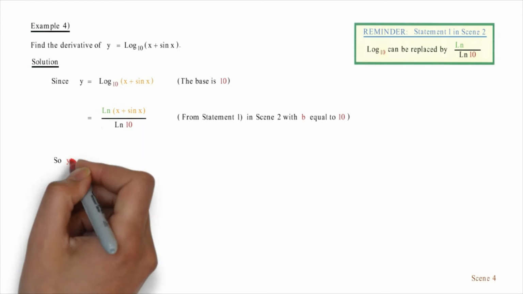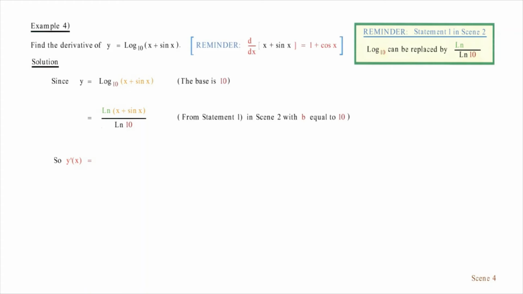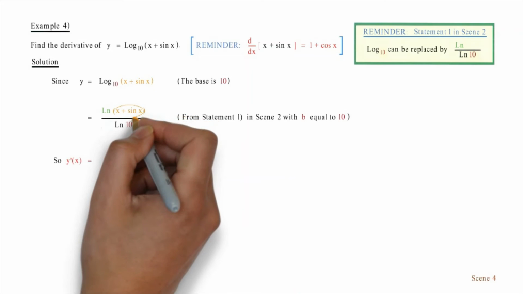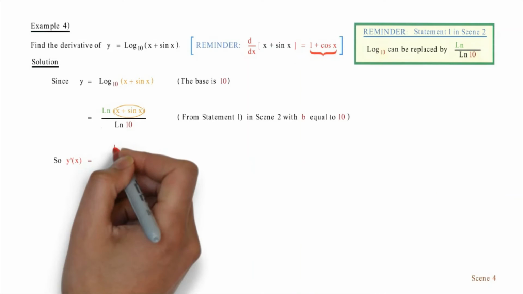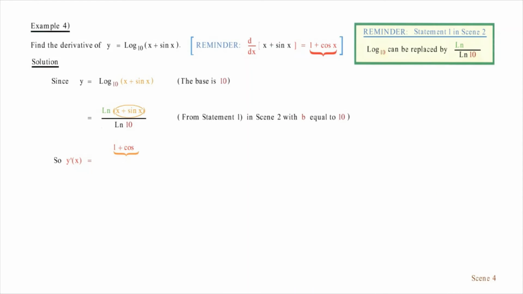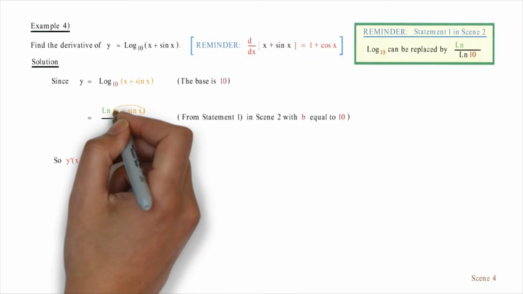So y dash of x equals the derivative of the argument of ln, which is the derivative of x plus sine of x, which is 1 plus cos of x, divided by the argument of ln, which is x plus sine of x.